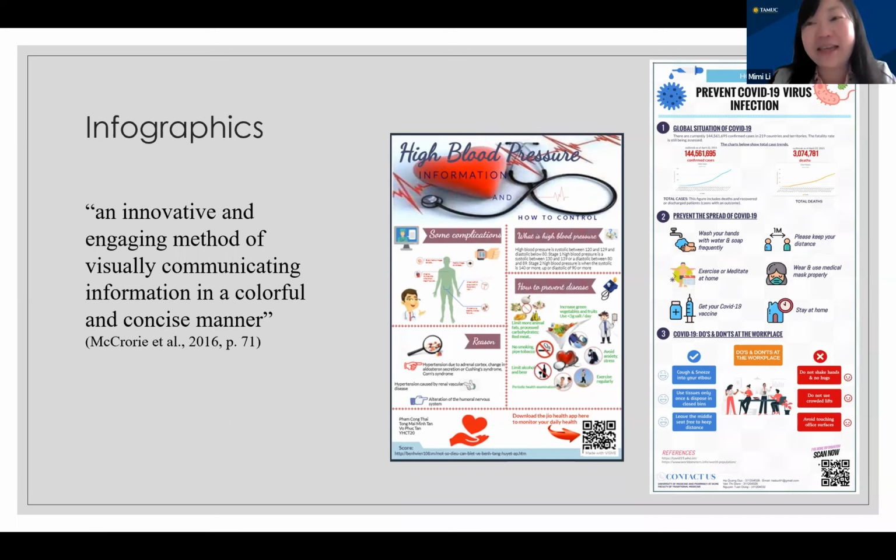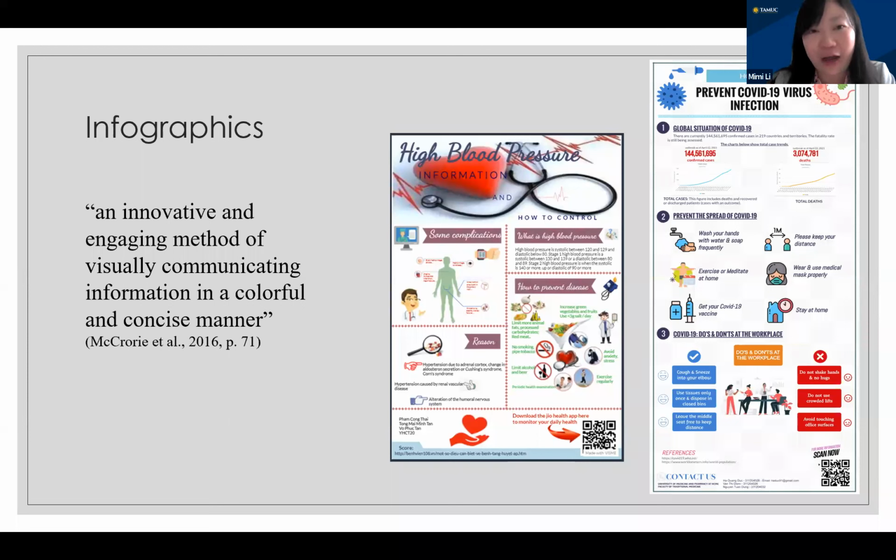infographics is such an engaging tool because it is innovative and engaging method of visually communicating the information in a colorful and concise manner. So here I want to mention why this is important, because as you know, all these students are ESP learners. That is to say, they are actually pursuing medical science.